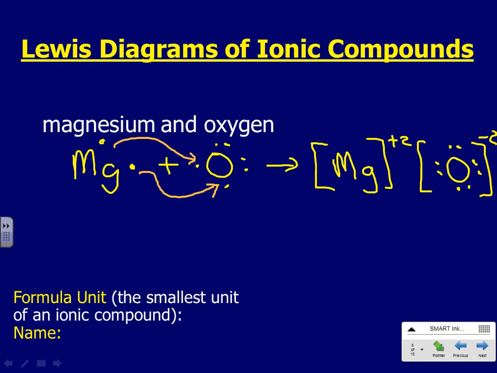All right. Now you can write down formula unit. Formula unit is the smallest unit of an ionic compound. However you want to write that in a straight line, you can do that.